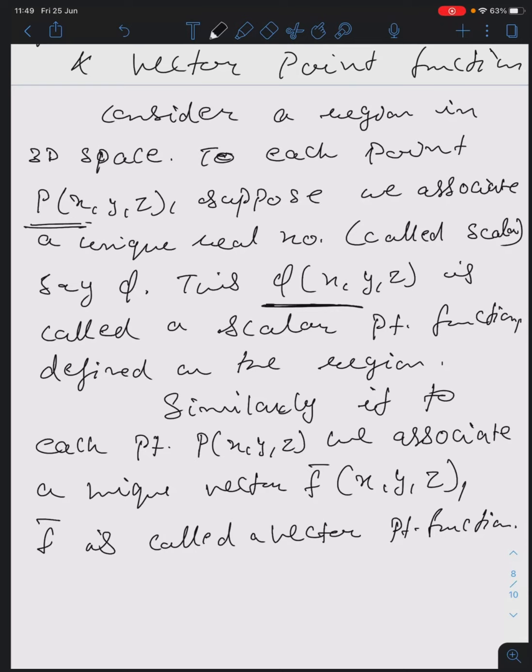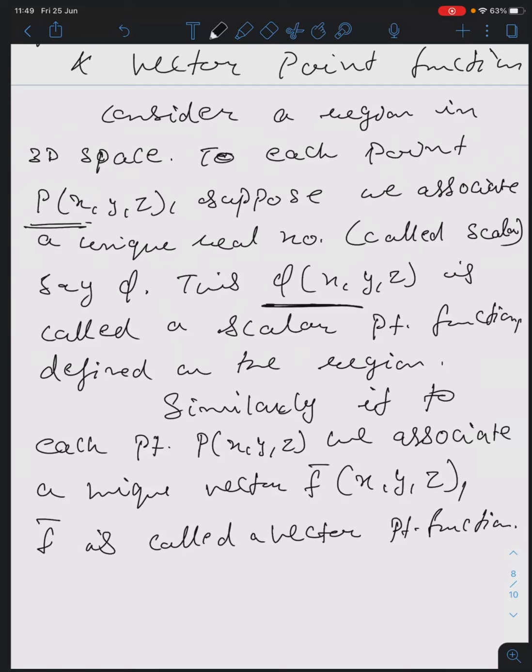Now at each point the particle will have a velocity. So velocity v̄ you take. Is it a vector function or a scalar function? Vector function. Why? Because it has both direction and magnitude. So velocity is a vector point function. Similarly, you can have acceleration also. Acceleration of the particle is also a vector point function.